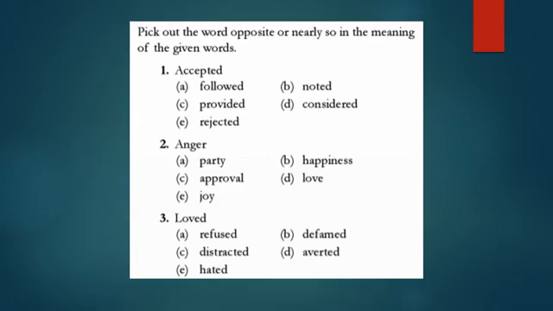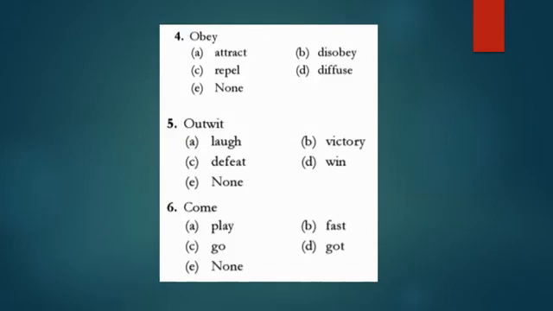Third, loved: refused, defamed, distracted, averted, hated. Fourth question, obey: attract, disobey, repel, diffuse, none. Outwit: laugh, victory, defeat, win, none. Come: play, fast, go, got, none.